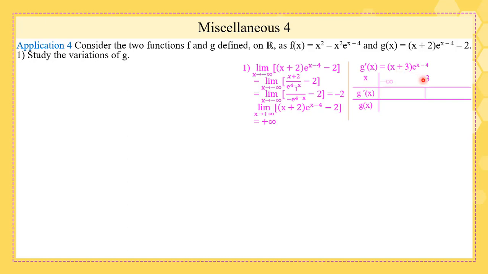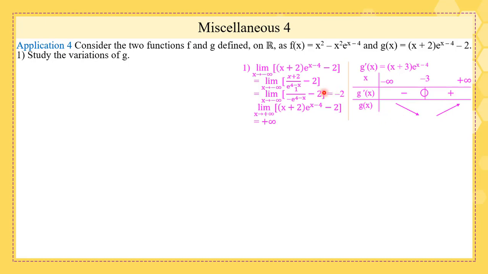The domain is from minus infinity to plus infinity. This is of degree 1, so begin with opposite, then same. This is opposite. This is same. And don't forget this 0. Minus means the function g decreases, and plus means it increases.